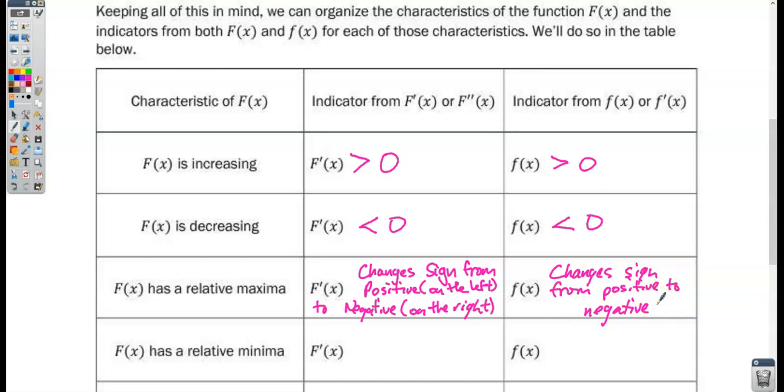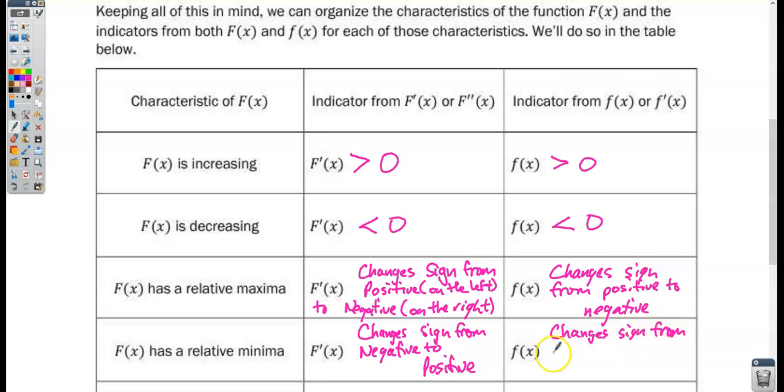When capital F of x has a relative minima, that means capital F prime of x changes sign from negative to positive. Which means that when capital F has a relative minima, lowercase f changes sign from negative to positive.